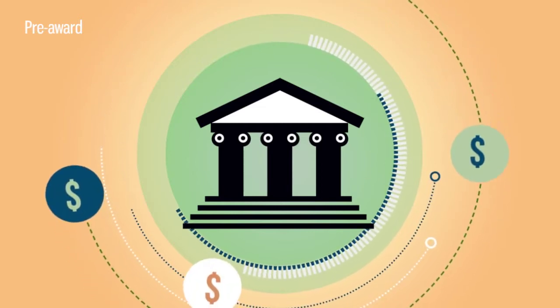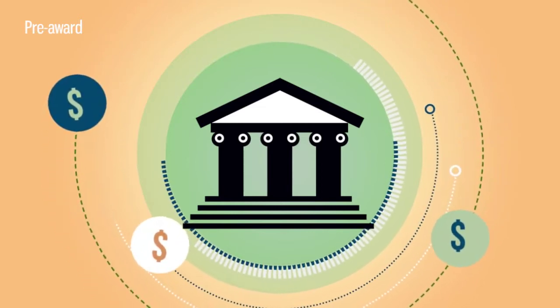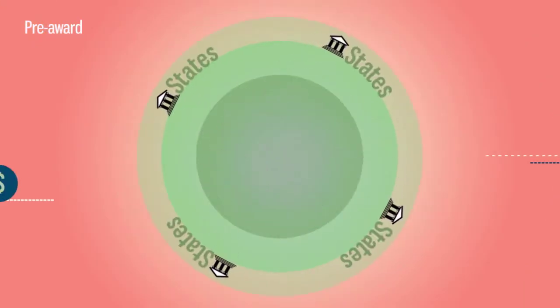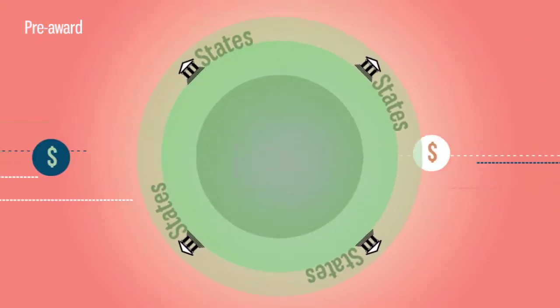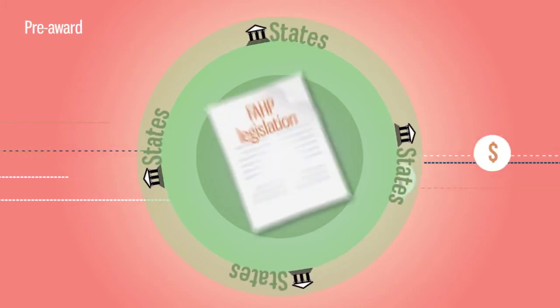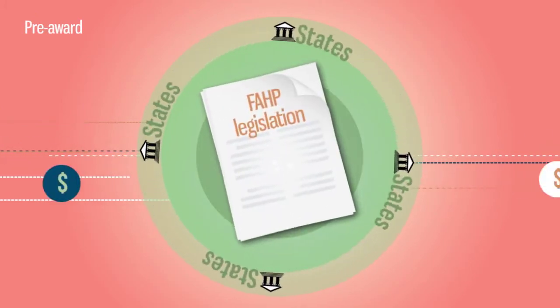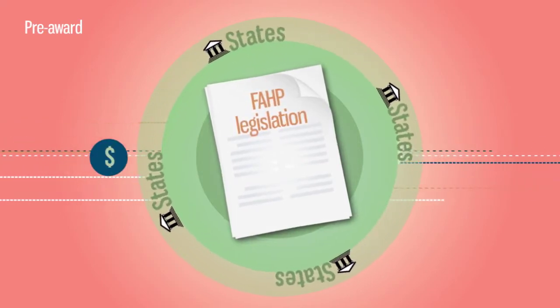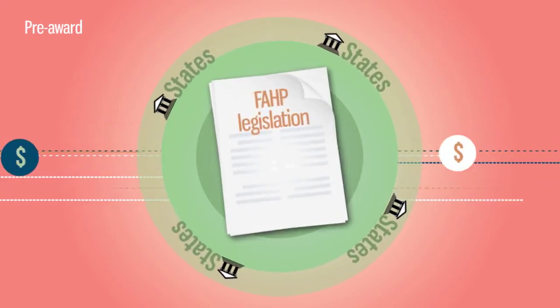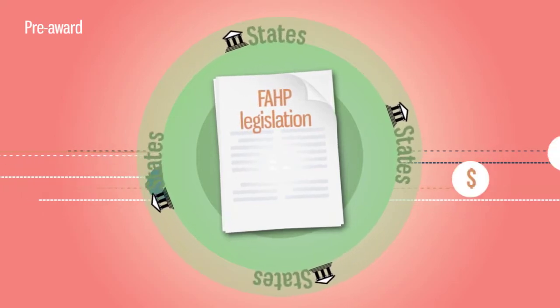The reason is because the funds are automatically distributed to the states based on a formula established in the Federal Aid Highway Program legislation. However, there are some discretionary programs administered by the Federal Highway Administration, or FHWA, that do require applications.